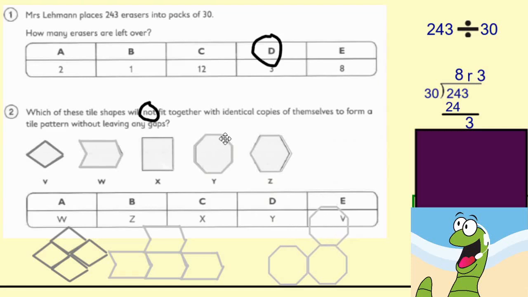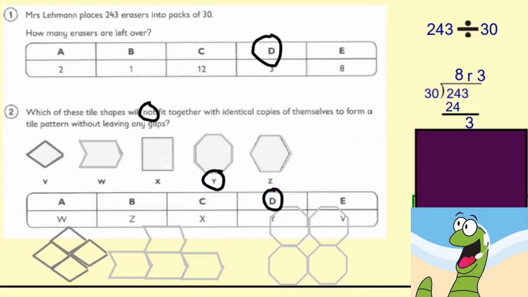So if I put these together, see what happens. I'm looking to form a tile pattern without leaving any gaps. Well, that's going to leave me a great big gap in the middle. So the answer to question 2 is D, and Y is the wrong one there.